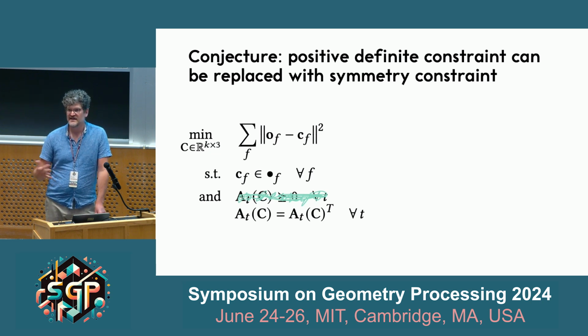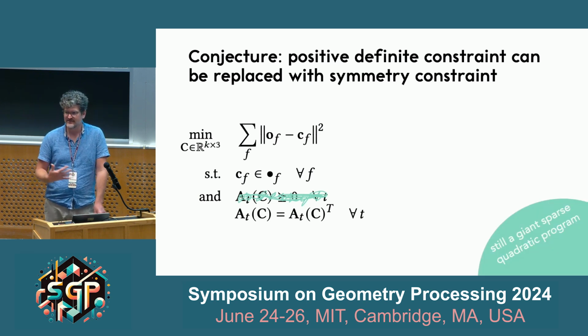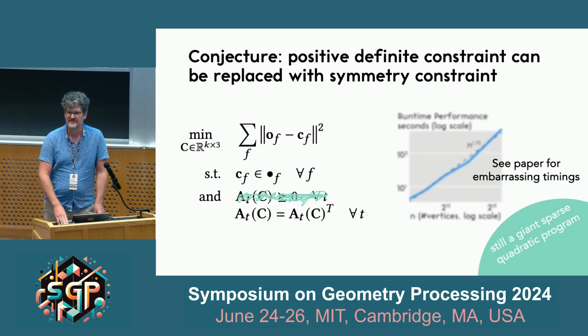This is sort of good because SDP problems are pretty slow to solve, and QPs are also pretty slow, but not that slow as an SDP. In the worst case, what you can do is run the QP, check if it's feasible, and if it's not, run an SDP solver to polish it up. I don't want to show the timings, they're embarrassing. You can look in the paper.